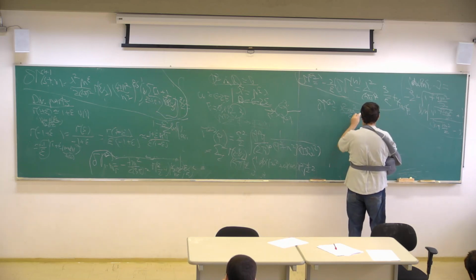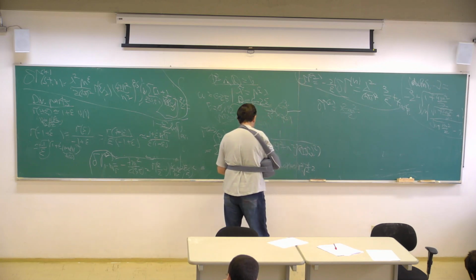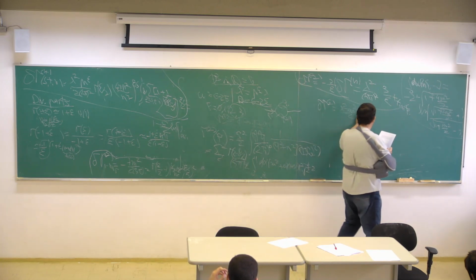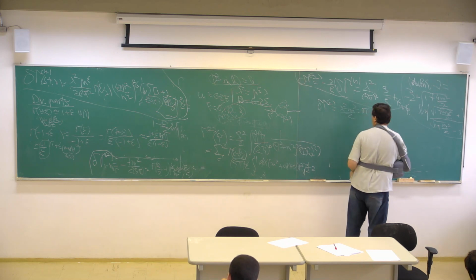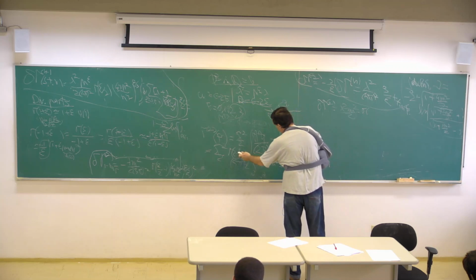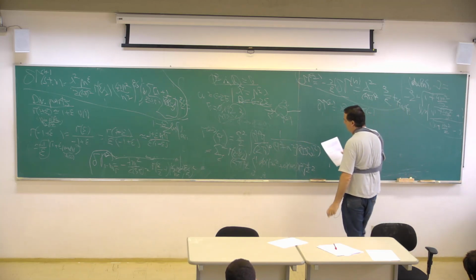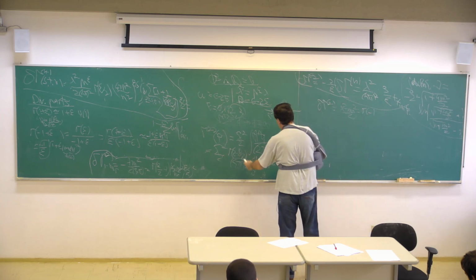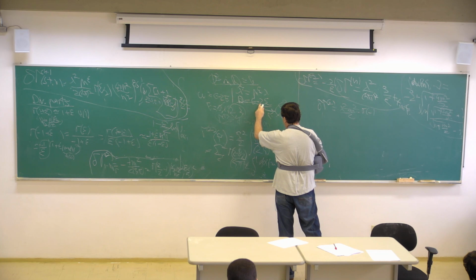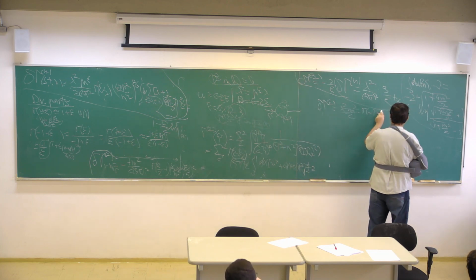Then gamma of 2 minus d over 2. So that's gamma of the integer part, 2 minus 3, so minus 1, and then I have minus 2 epsilon here, divided by 2, so plus epsilon.